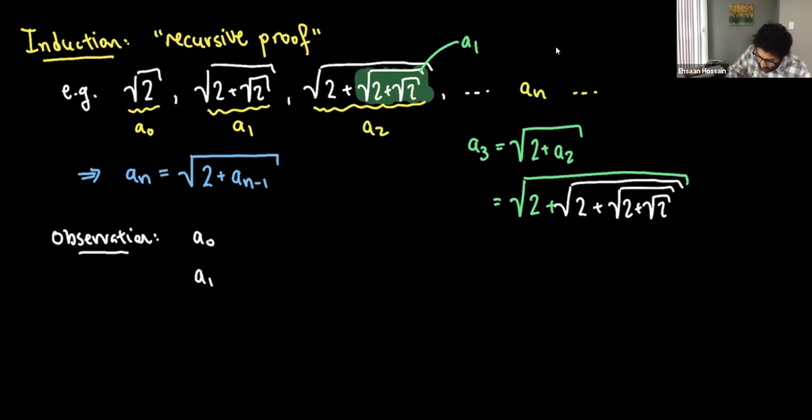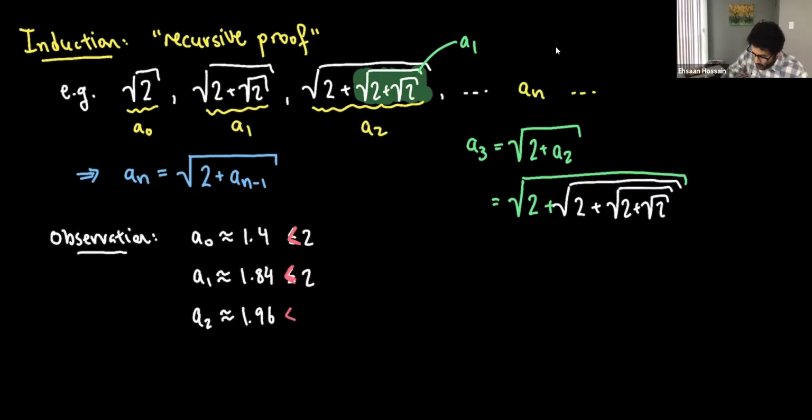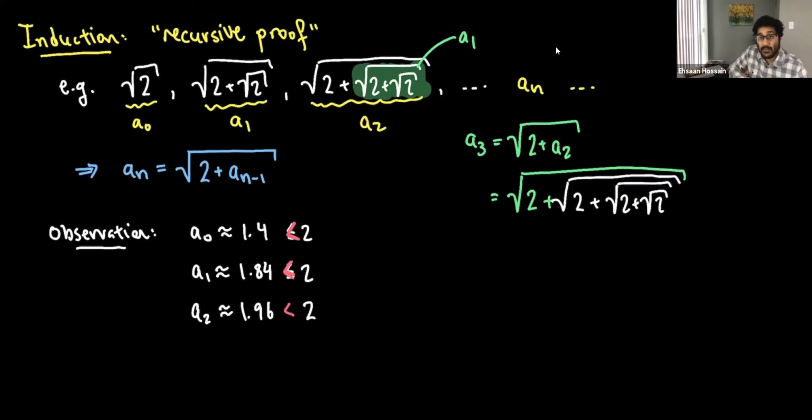So A0 is about 1.4, which is definitely less than 2, and A1 is about 1.84, which is less than 2 as well. And I could check A2 if you want. 1.96, and that's definitely less than 2, right?